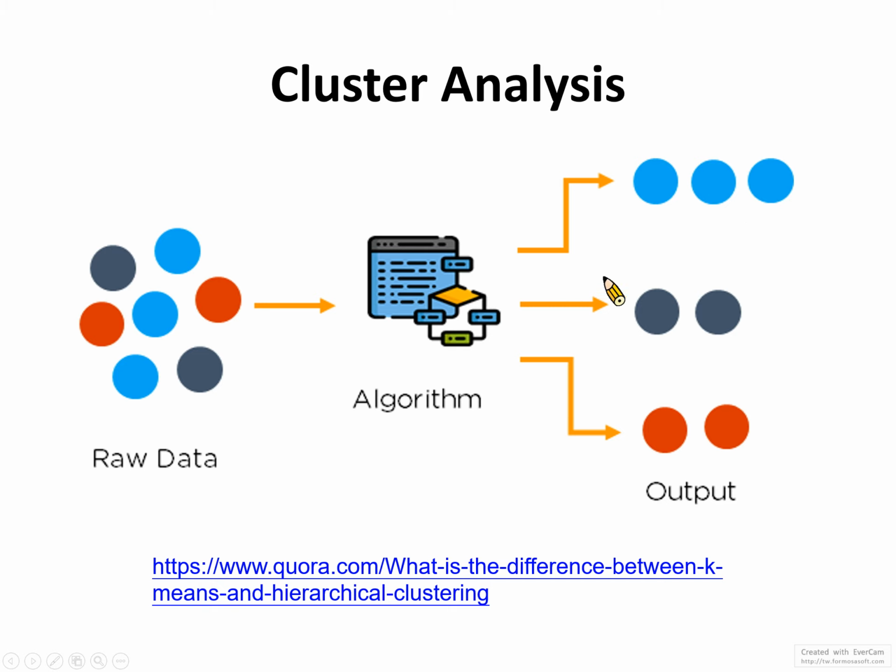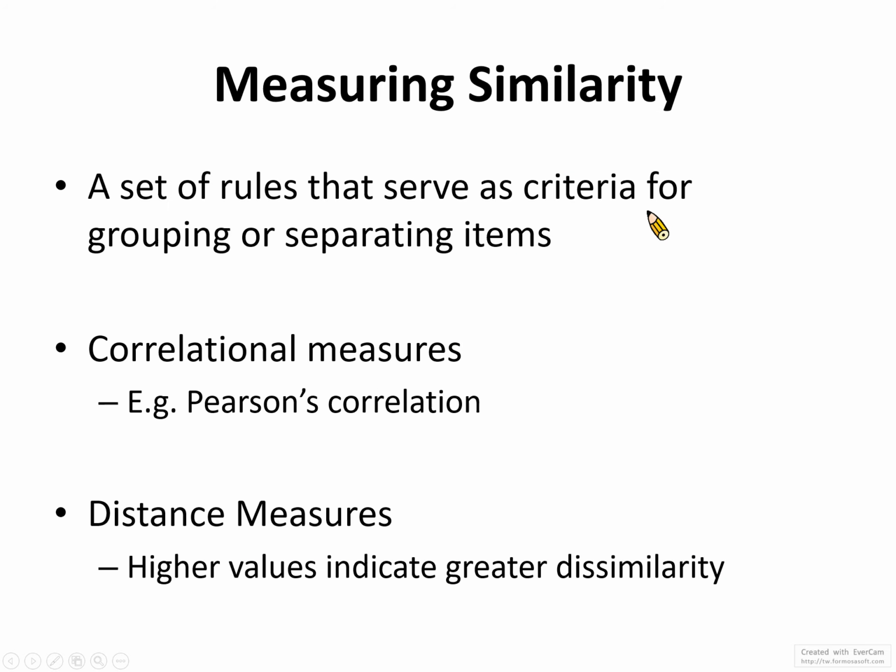We also want to identify 2 gray circles as one group. And likewise, we also want to identify the 2 red circles as one group. So this algorithm will help us to cluster this raw data into different types of output based on similarity. In this case, the similarity is defined by the colors. So the same colors will be grouped into the same cluster. That is the idea of cluster analysis.